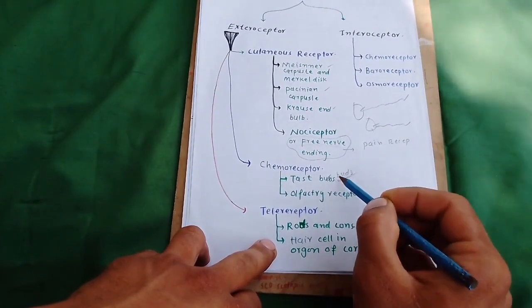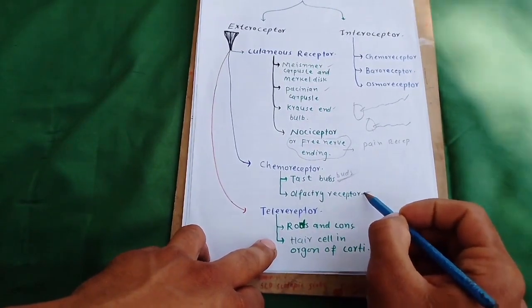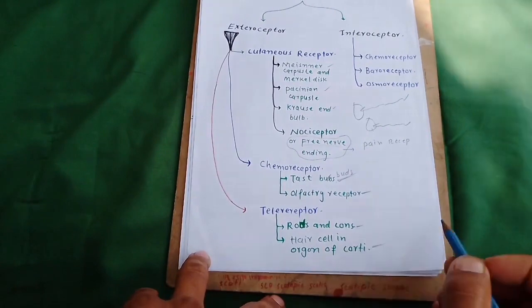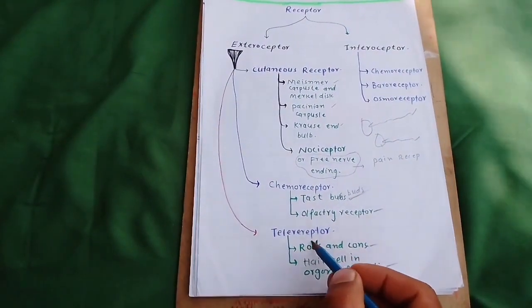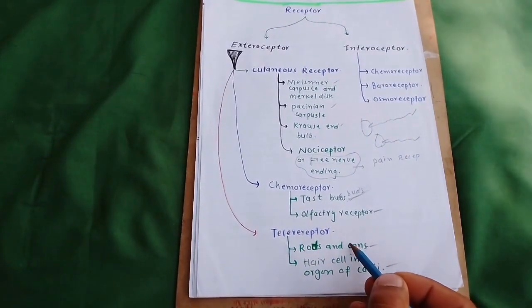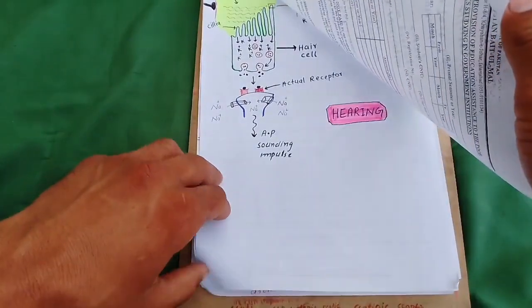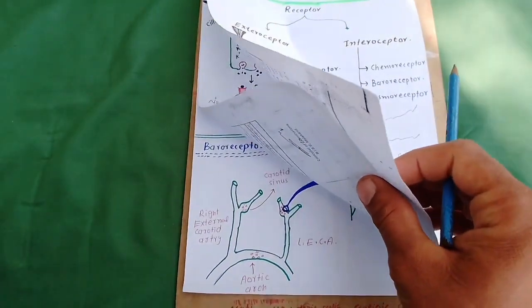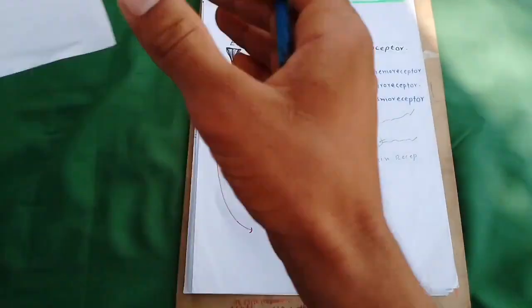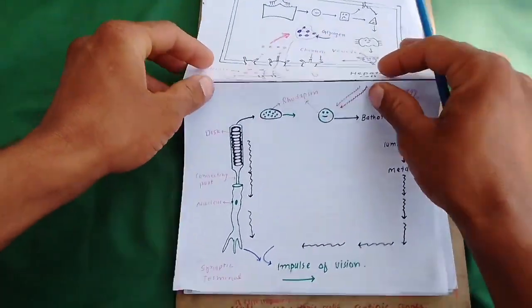I will skip this one and explain this one. What is the function of rod cells and cone cells? These are receptors.